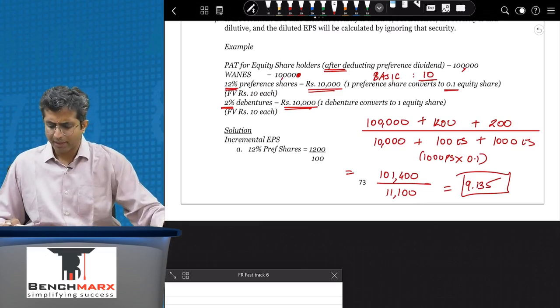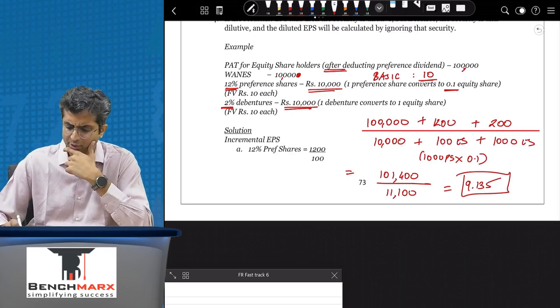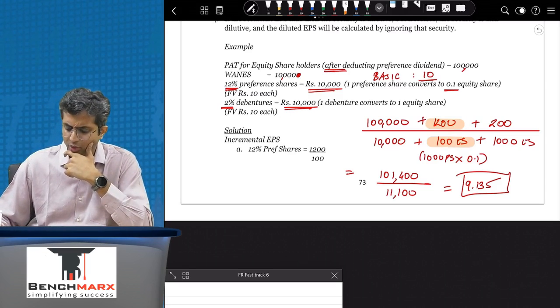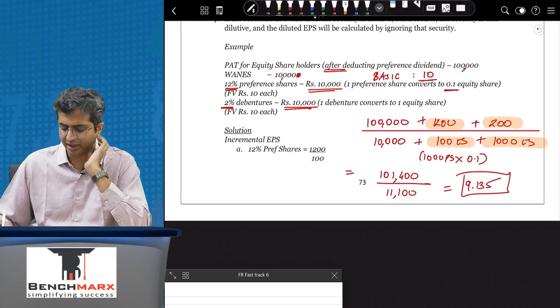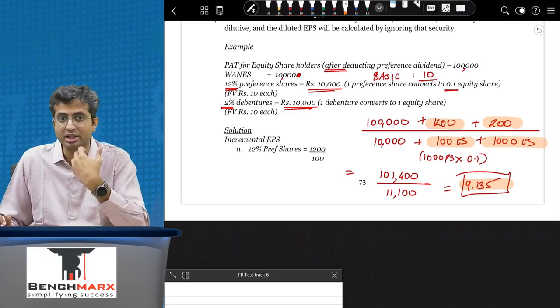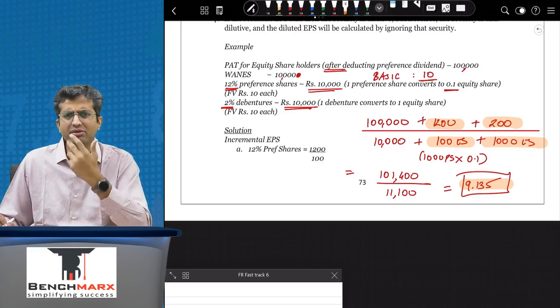Okay, but is there possibly an EPS which is worse than that? No sir, we are assuming that we are taking both the potentially convertible shares and finding the diluted EPS. But my point is, is there a possibility that the EPS can even be lower than this? So we have taken both of them.